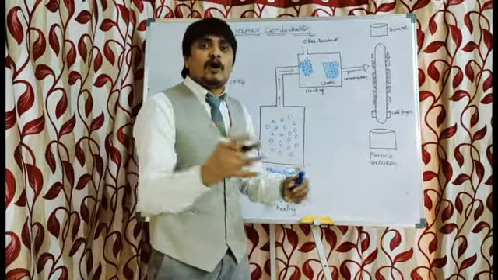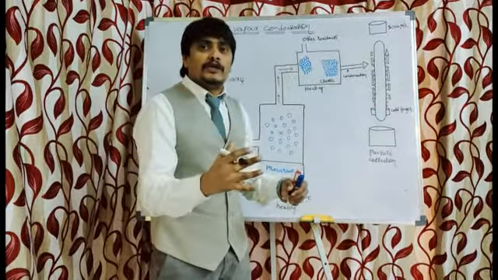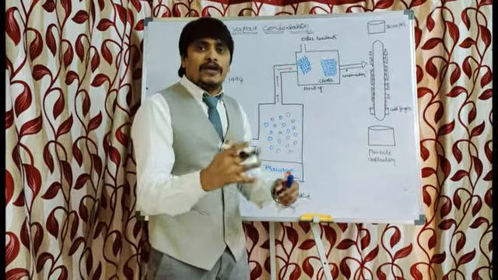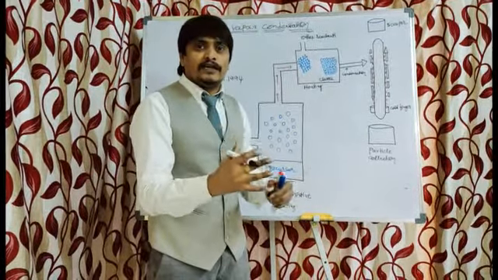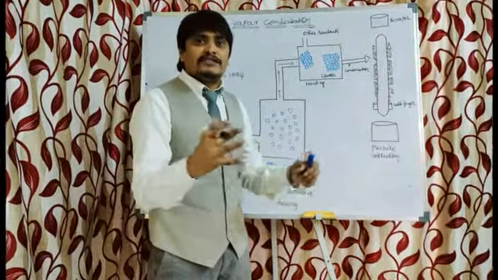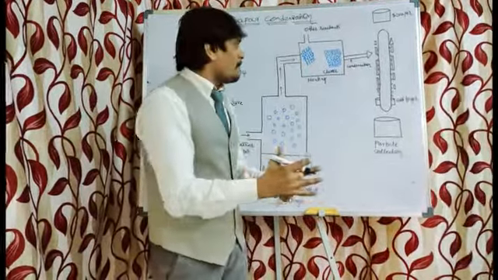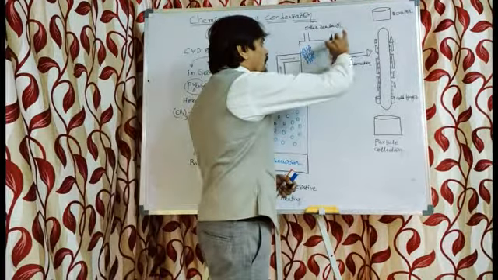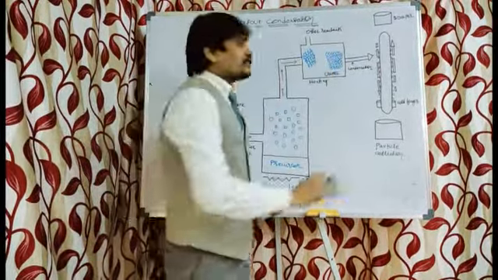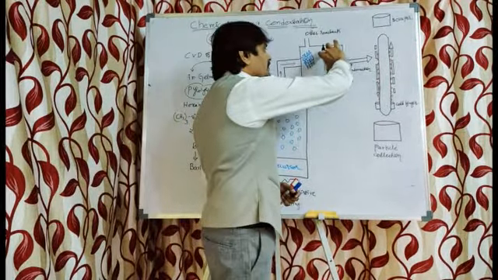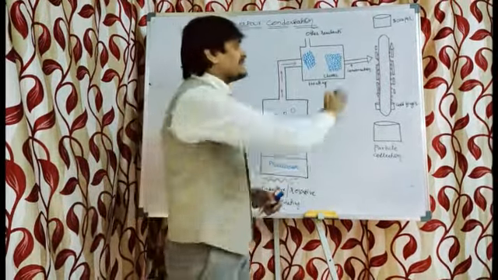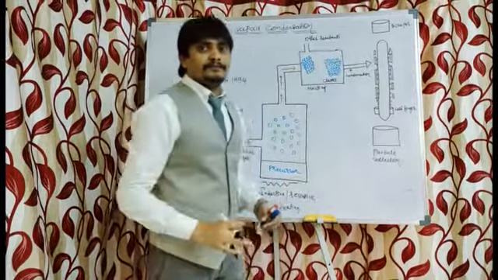Coalesce means join or merge together. So due to the merging of these hot vapors of the first precursor and the second precursor, clusters of the precursor vapor molecules result.